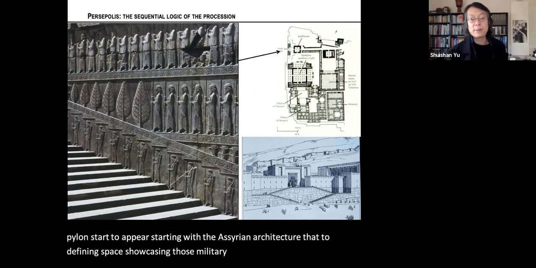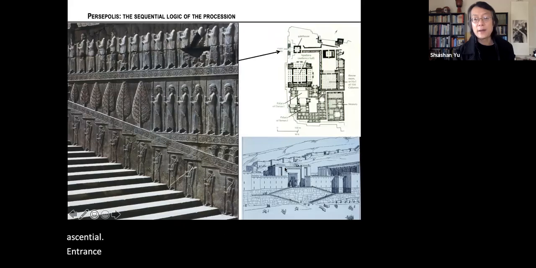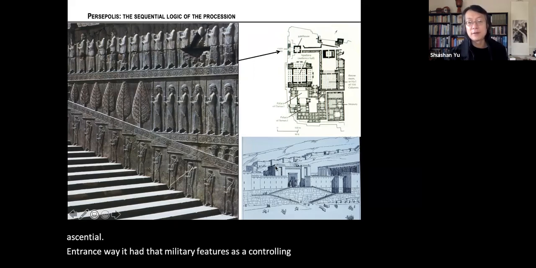At Persepolis, the pylon was used functionally to guard the entrance. It features two towers framing a central entranceway, and it had military features as a controlling gate with a parapet on the top.